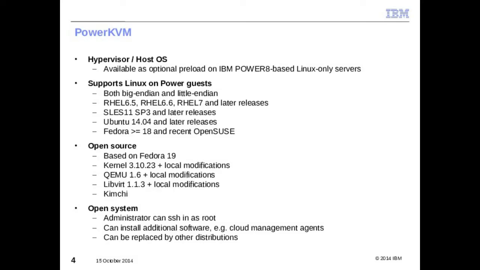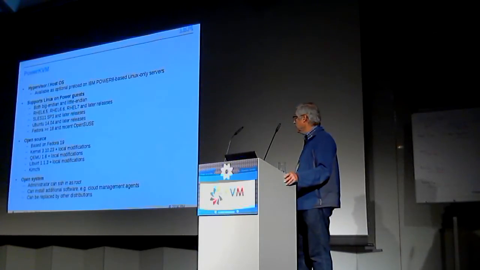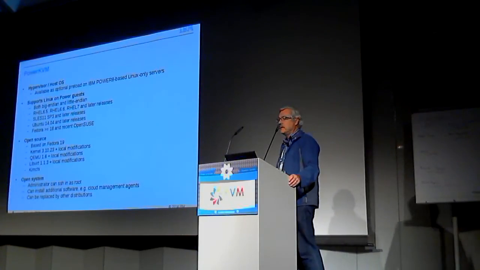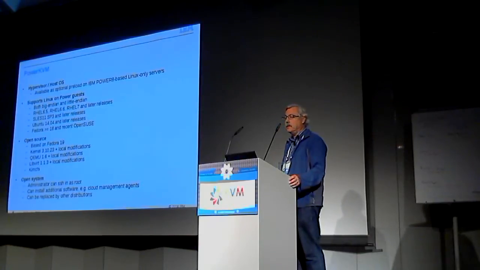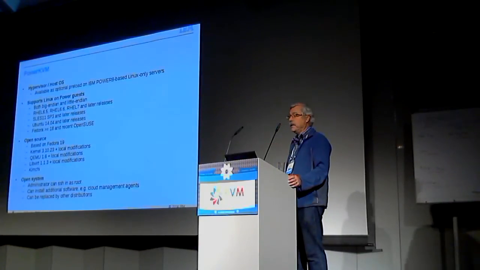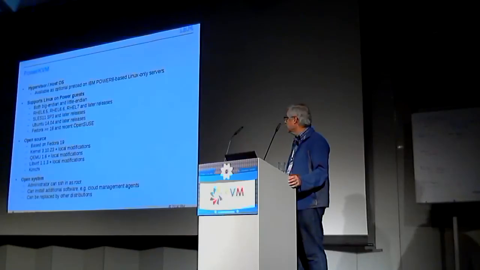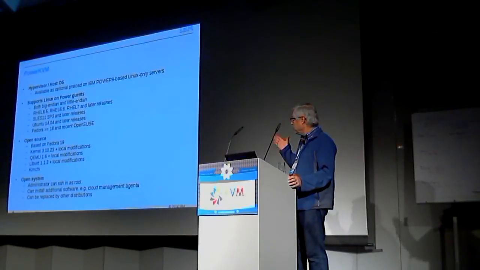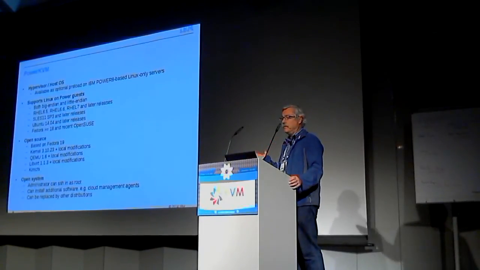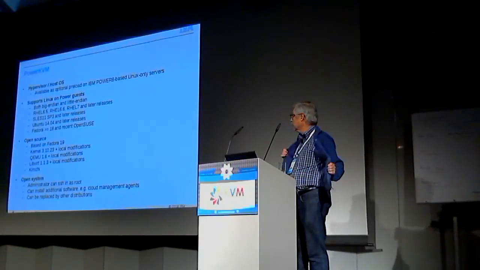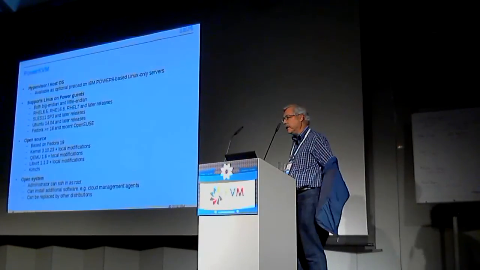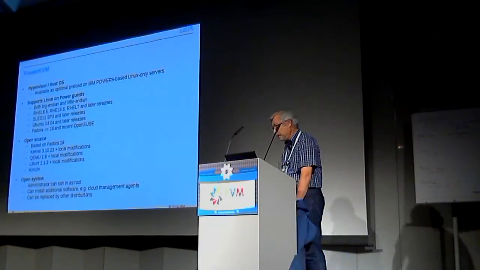So this PowerKVM product that we call it, basically what it is, it's a host operating system. It's available as an optional preload on those IBM POWER8-based servers that I was talking about. On top of it, you can run Linux on Power guests. So we don't currently support any other operating systems other than Linux.